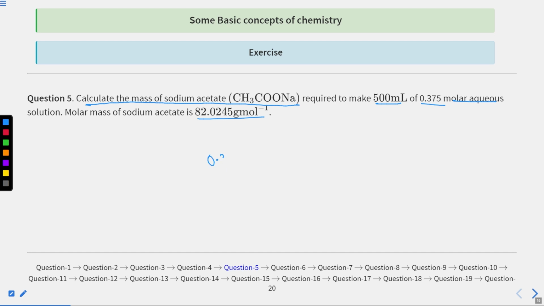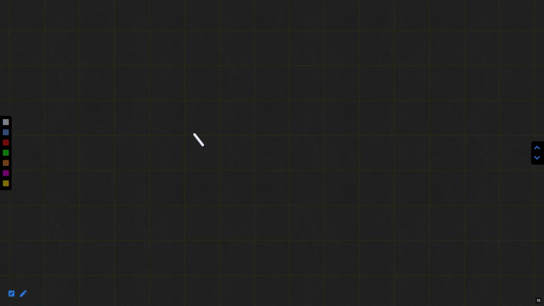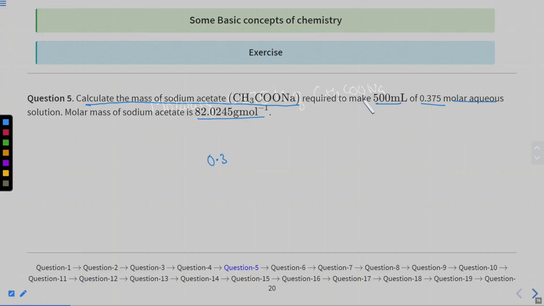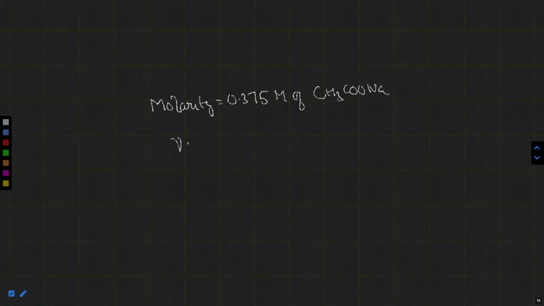So molarity is given as 0.375 M of sodium acetate solution. And the volume is given as 500 ml. If we convert this 500 ml into liter, that would be 0.5 liter.